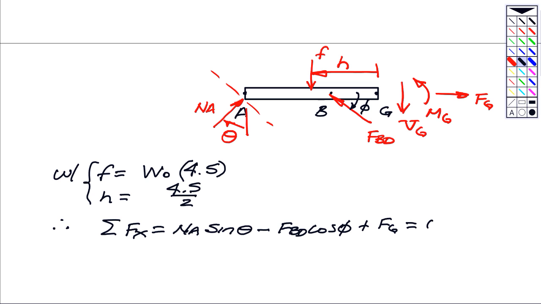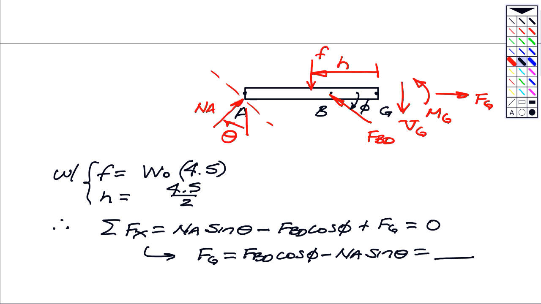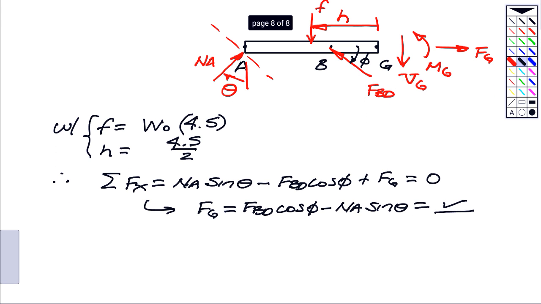And for equilibrium, that sum is 0. So the internal axial load FG is equal to FBD times cosine phi minus NA sine theta. We've already found all these from above, and so at this point we have the internal axial force there of FG.